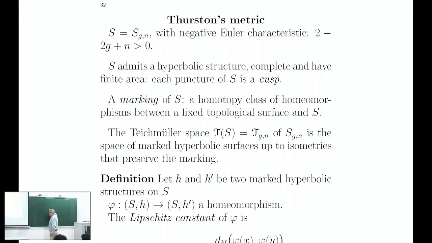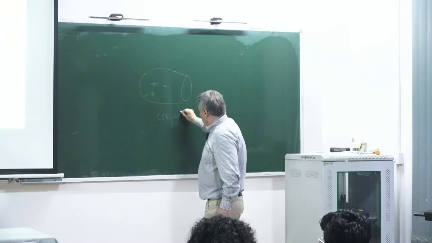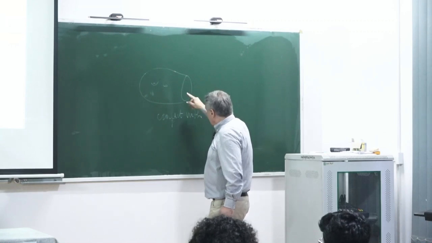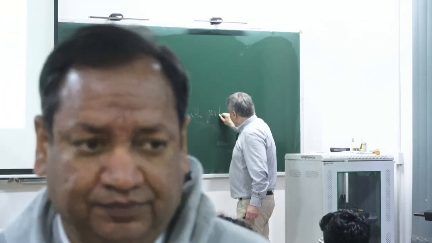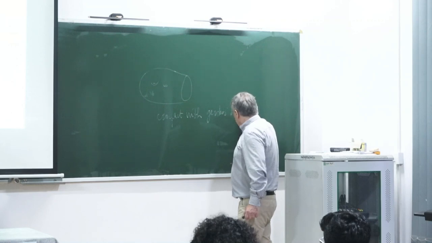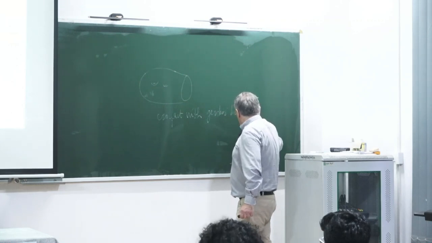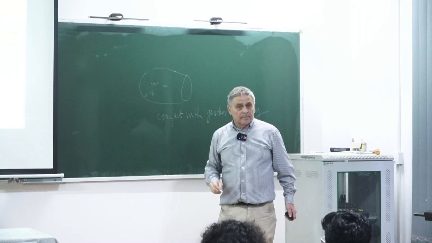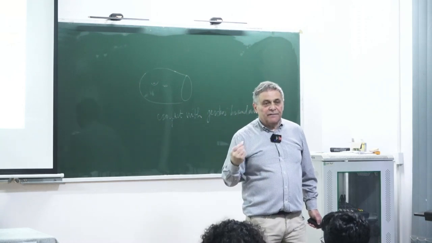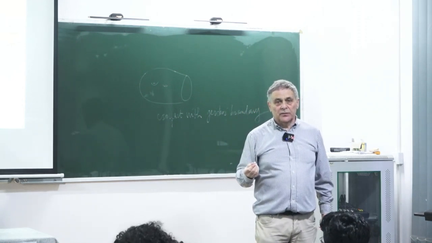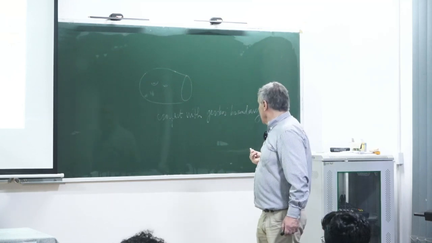So this is a surface which is compact with boundary component and with geodesic boundary. And you have to modify a little bit the theory when you deal with these surfaces.